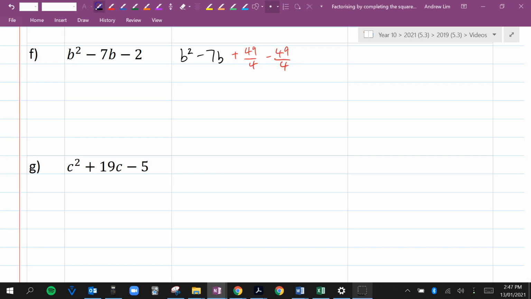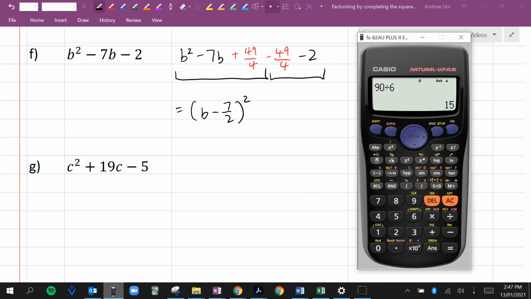But I still need to write that minus 2. So this factorizes to b minus 7 on 2, all squared. And this is equal to minus 49 minus 8, minus 57 on 4.